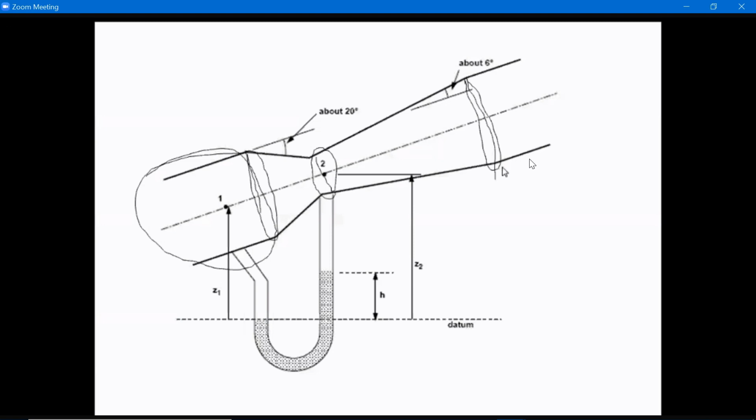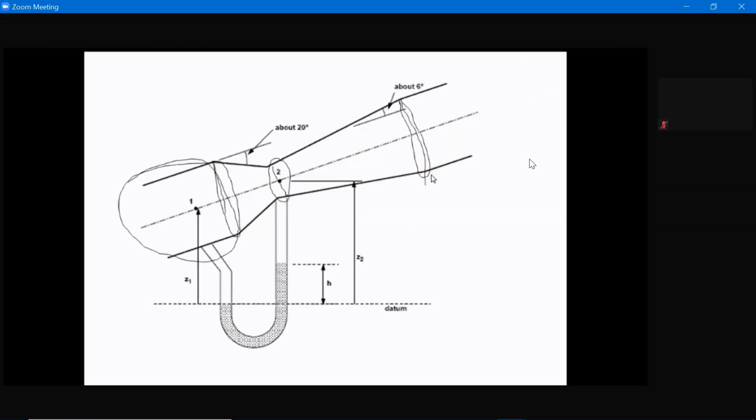Depending on the angles of the diffuser, depending on the shape of your venturimeter, you're going to have a different coefficient of discharge. So that CD is taking care of the error term.